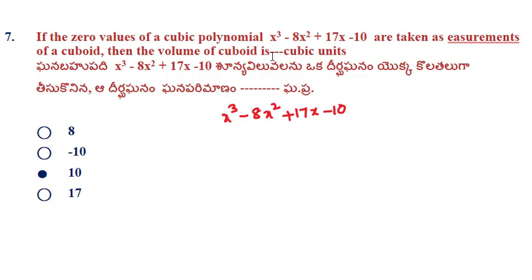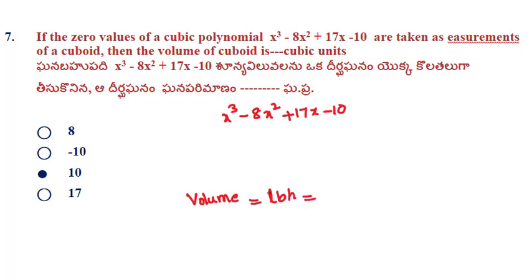Here is another interesting problem. If the zeros of the cubic polynomial x cube minus 8x square plus 17x minus 10 are the measurements of a cuboid, then find the volume of the cuboid. We know the volume of a cuboid equals LBH.